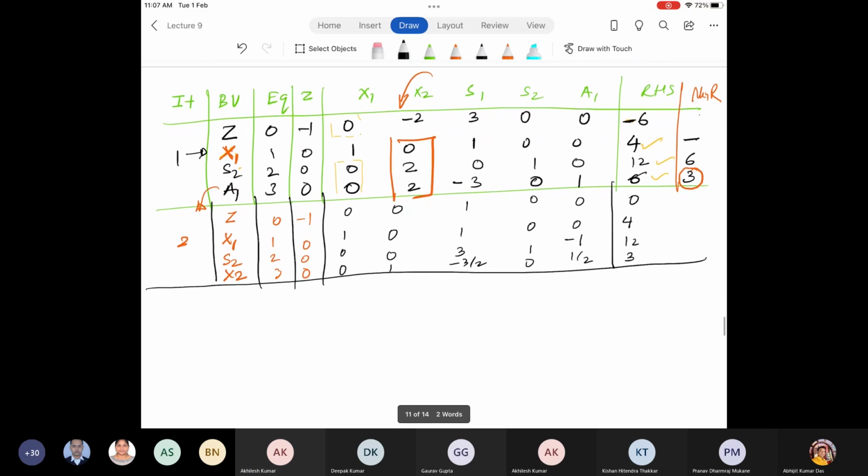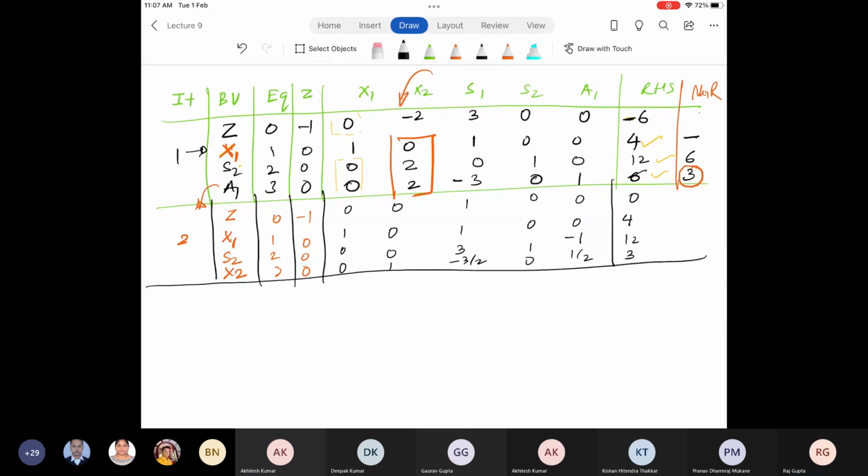Sir, in the initial table, under S1, is it 0, 1, 3, minus 3 by 2? Which one? Under S1, that column is 1, 1, 3 that you have written, 1, 1, 3, 3, minus 3 by 2. So 0, 1, 3, minus 3 by 2 it would be.